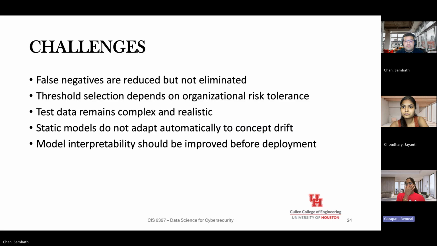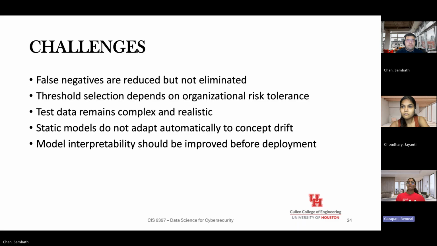While doing our project, here are the few challenges that we faced. False negatives are reduced but not completely eliminated. Also, the optimal threshold depends on the organization's risk tolerance, and it's not ideal for everyone. Different environments may choose different balances.